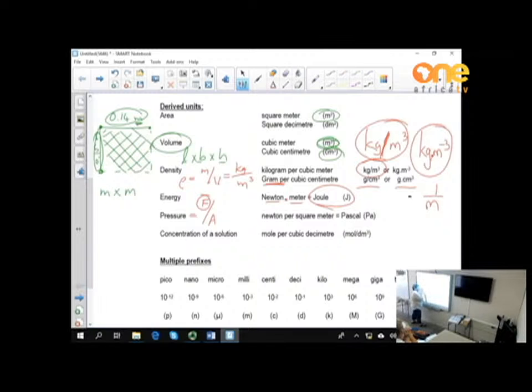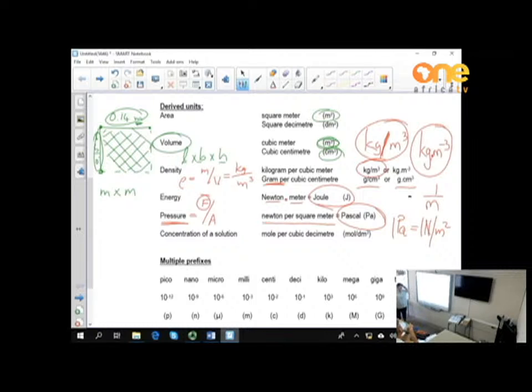So the unit for pressure is derived from newton per square meter, which we call a Pascal. No, we can write it like this. 1 Pascal is equal to 1 newton per square meter. Yes, it's exactly the same. These are derived units. No.